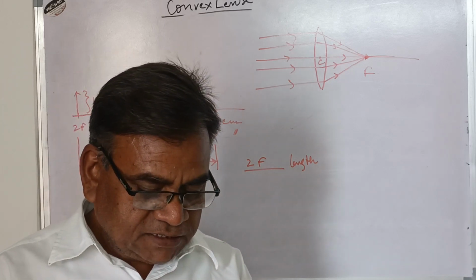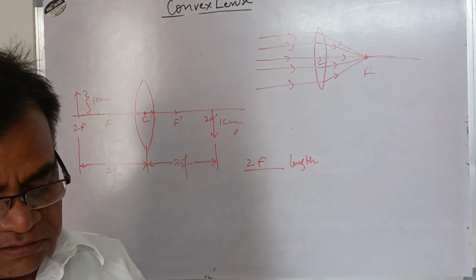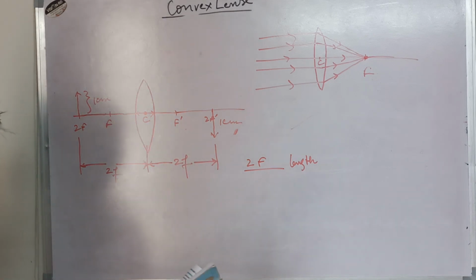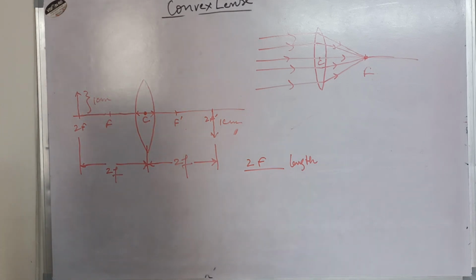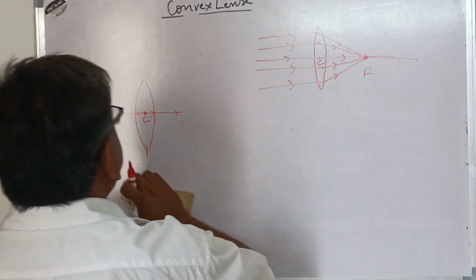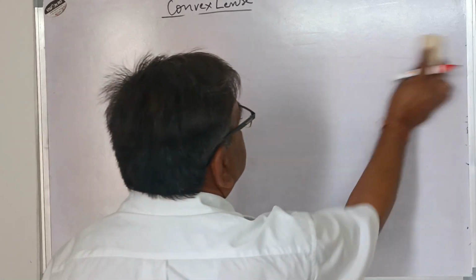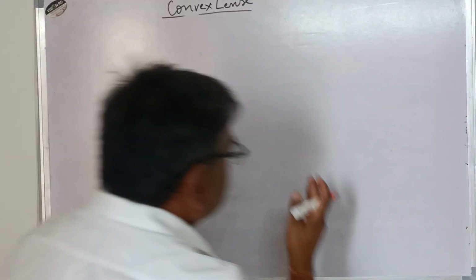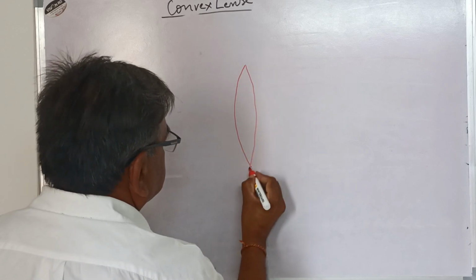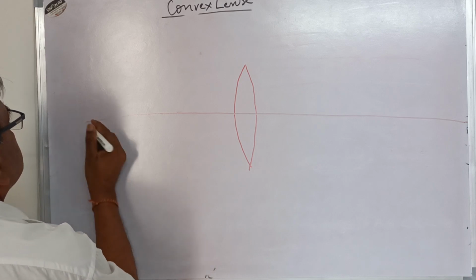Next question: where should an object be placed in front of a convex lens so as to obtain a virtual, erect and magnified image? Okay, virtual, erect and magnified. This was the case. Look, in a convex lens, if the object is on the left side and the image is on the right side, this is the optical center and this is the principal axis.